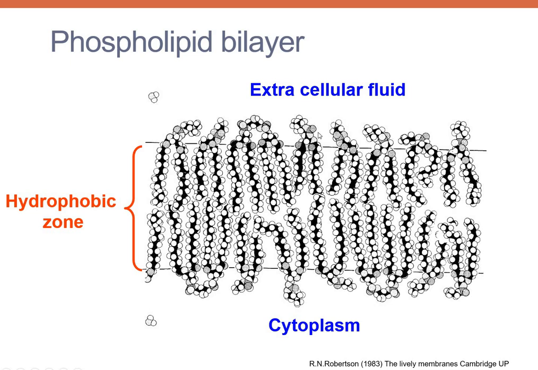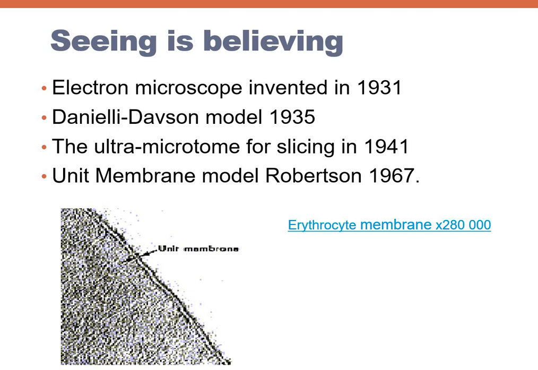These are the hydrophilic heads, but inside you have the tails which are hydrophobic, they don't want to be in contact with water. Thus you form a bilayer, two layers of phospholipid sitting side by side, and inside they are protecting the hydrophobic tails. This is basically the basic structure of phospholipids, and that was verified once the electron microscope was invented.